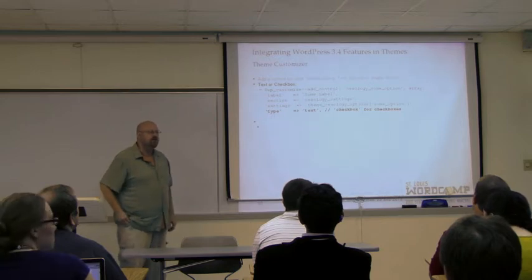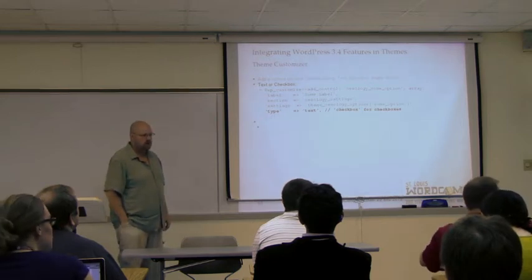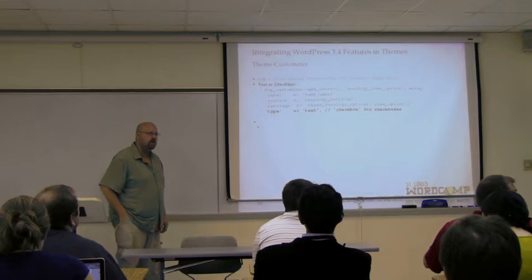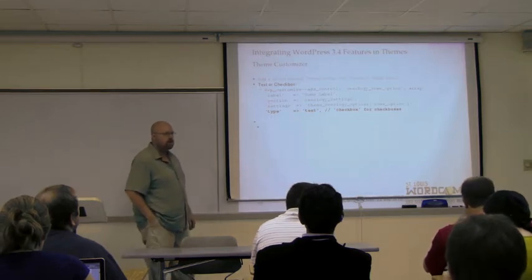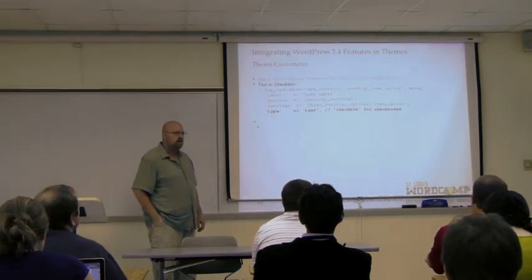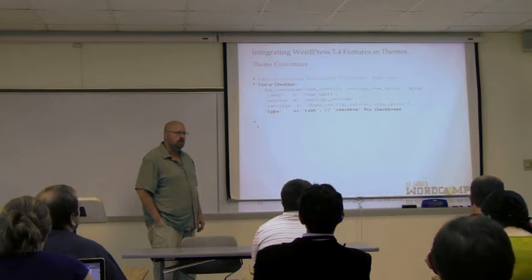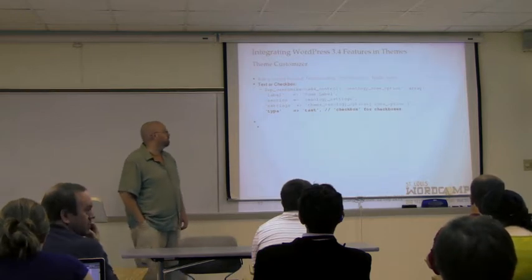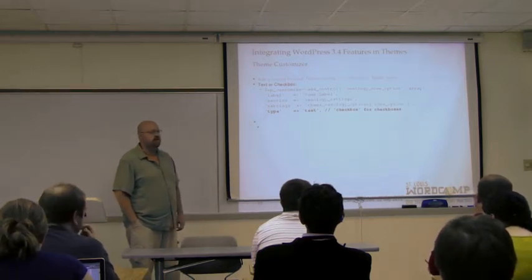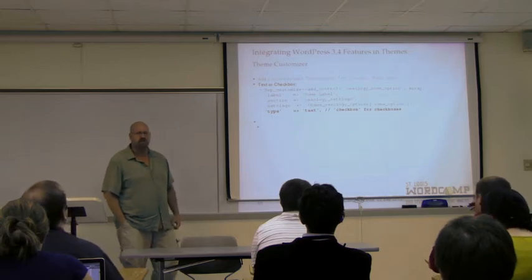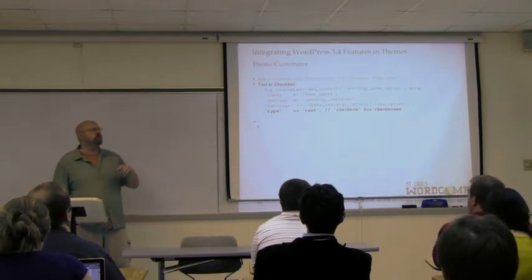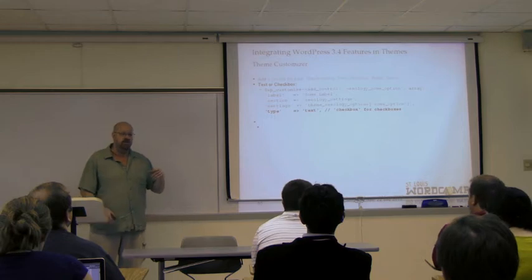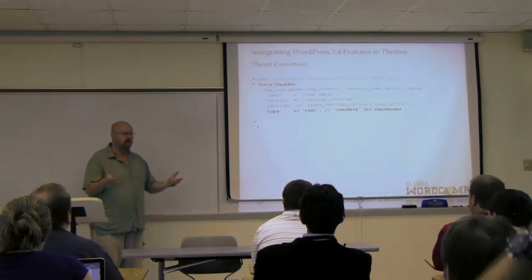Yes? Just in comparison to the options, I don't remember specifically unless it's changed, but they don't offer the ability to target the type of input. I always thought we had to write our own, but this is giving you the option for them to write the input. Absolutely. Thank you for pointing that out. That is another benefit if you do opt to leverage the settings API and the theme customizer.